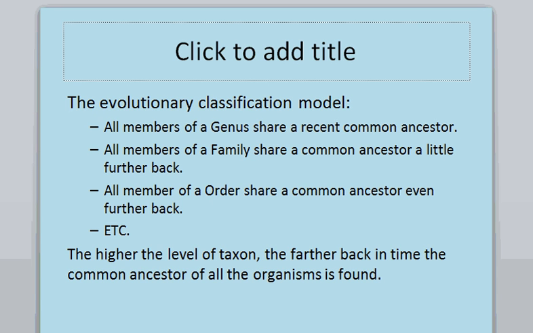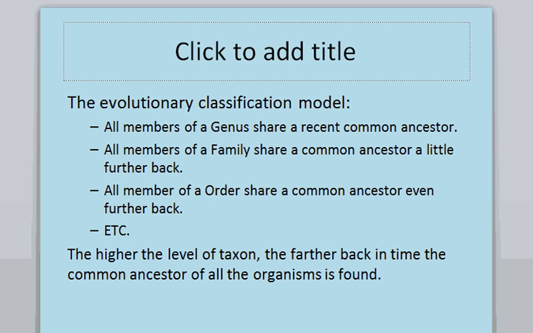This would be like you and your brother, or you and your sister, you and your siblings share your parents as a common ancestor. Now your parents are maybe 40s, 50s. They are your most recent common ancestor. All members of a family share a common ancestor a little further back, who's a little bit older.